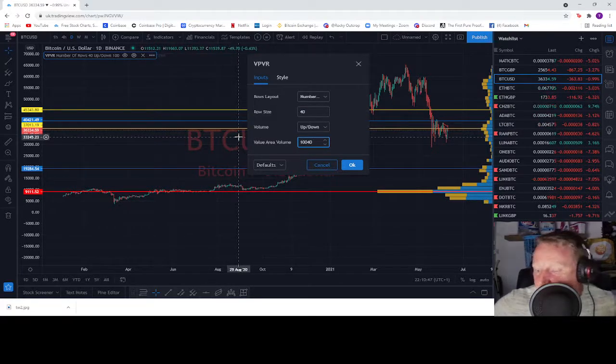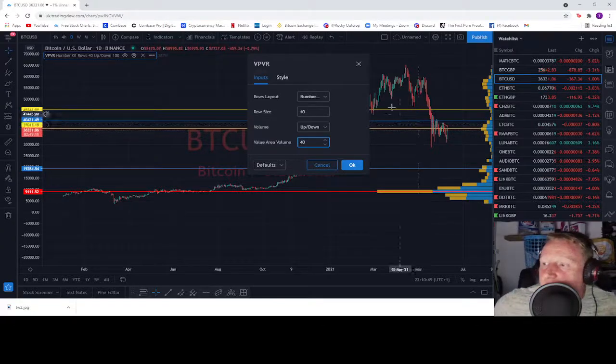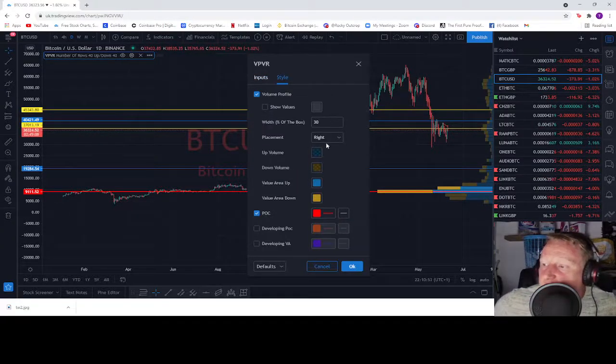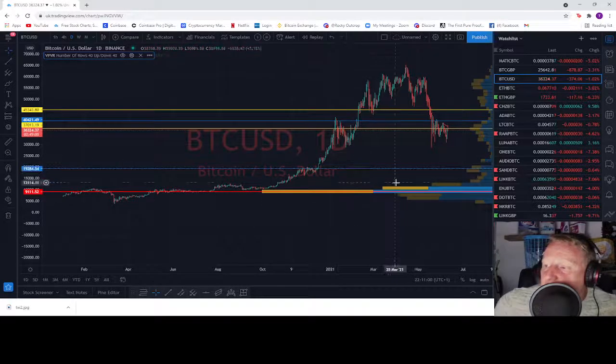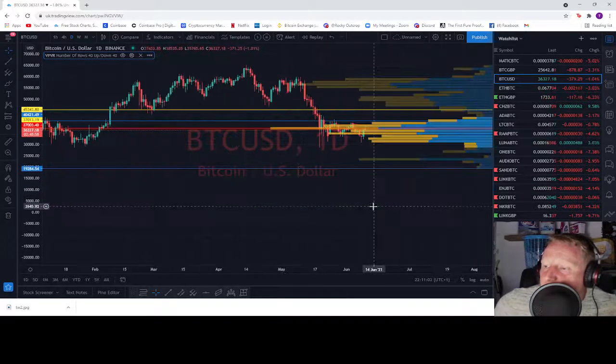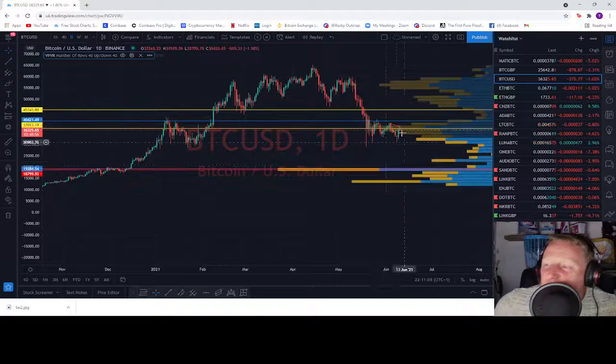Then in style, that'll be around 50 or something. I'll put 60, whatever. So that's what it's going to look like. It's going to look very boxy.